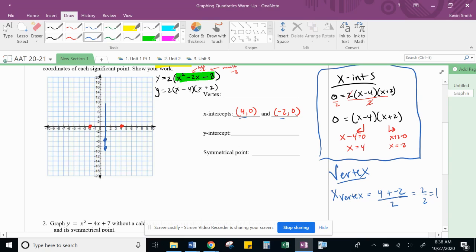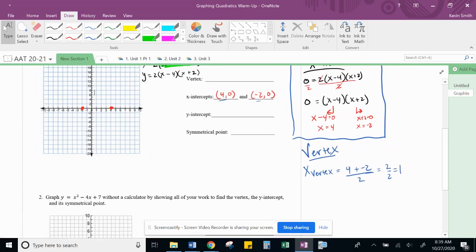So I know my x-coordinate for the vertex is going to be 1. What I don't know is where it's going to fall on the y, right? I know the x will be 1, but I don't know what the y is. So I can just double check. I'll go back to my original equation and just plug in 1 for x. So I'll get y equals 2 times 1 minus 4 times 1 plus 2.